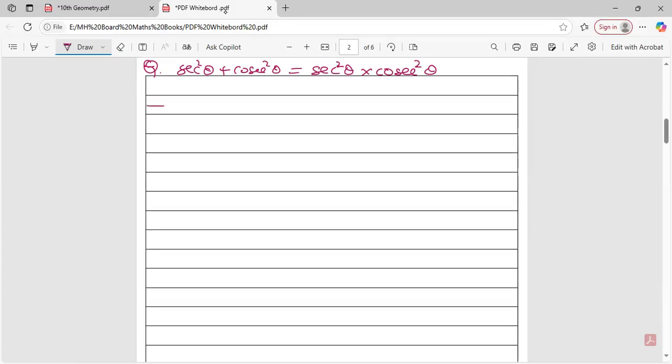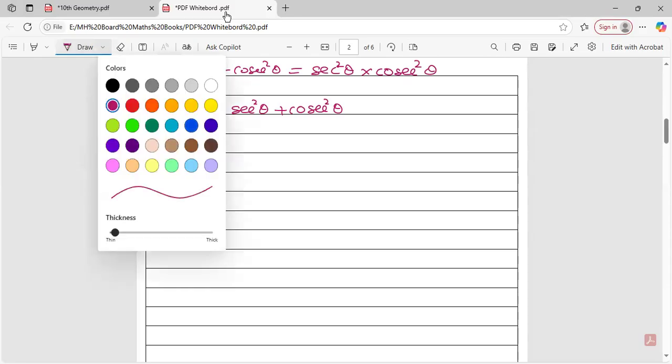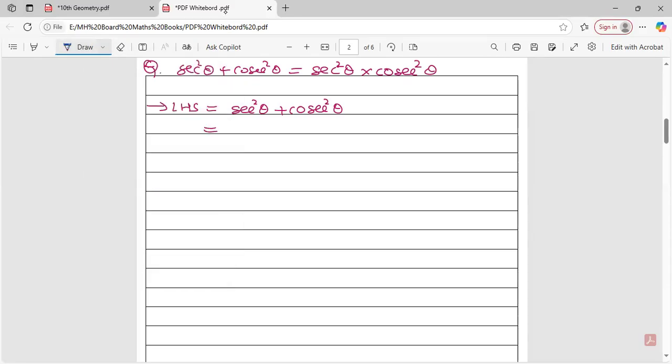Okay, now get started with LHS. Sec square theta plus cosec square theta. Start simplifying it. What can be done? Think about it. See, whenever you are not getting what to do, try to convert. Whenever there is tan theta, write it in terms of sin theta upon cos theta.